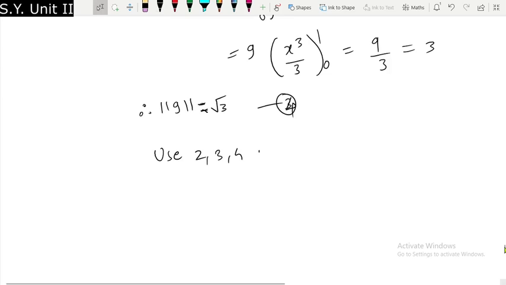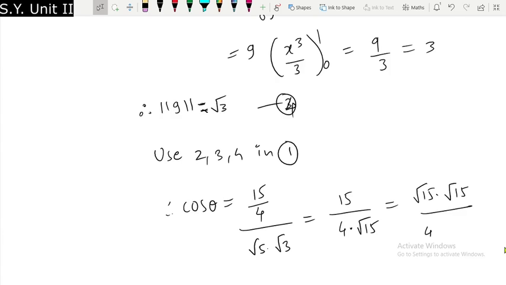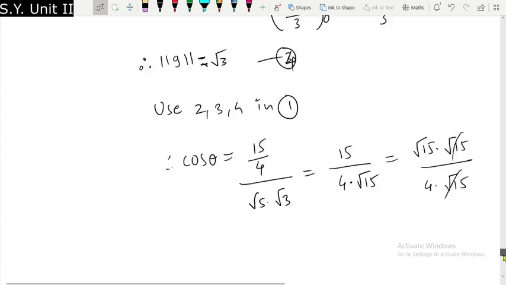Therefore my cos theta will be, I think the numerator is 15 upon 4 upon, now the denominator will be root 5 multiplied by root 3, which will be equal to 15 upon 4, and root 5 multiplied by root 3 is root 15, and the numerator can be written as root 15 multiplied by root 15 upon 4 multiplied by root 15, which can be cancelled out, and therefore your cos theta is root 15 upon 4.